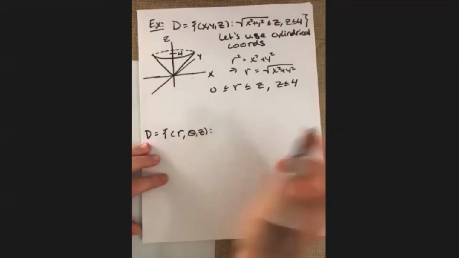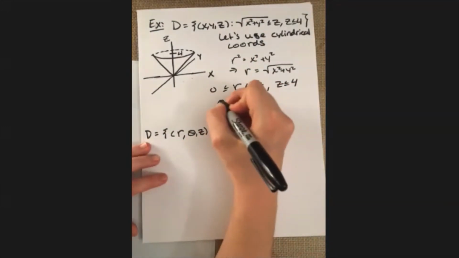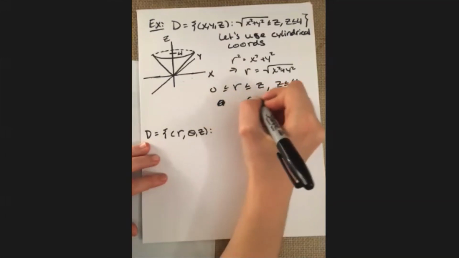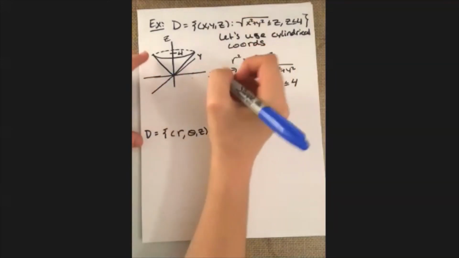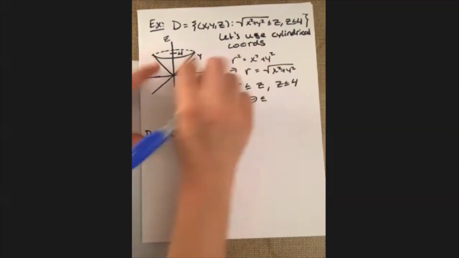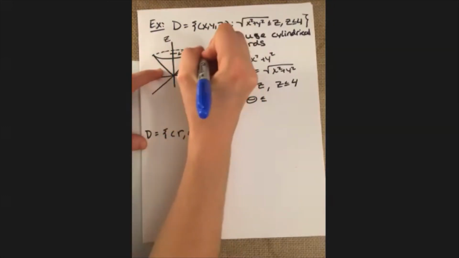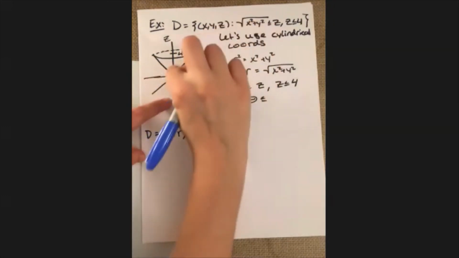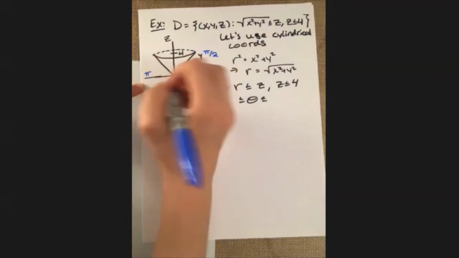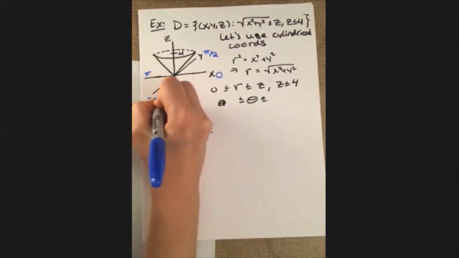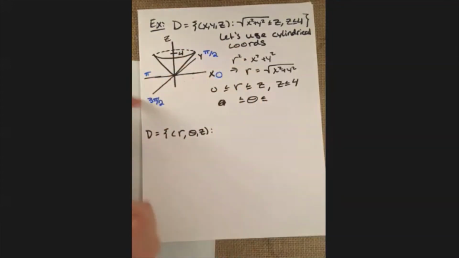So the really big thing here is figuring out what theta has to be. If we look at our graph with theta, again, we have the same idea that 0 is in the positive x direction, pi over 2 is in the positive y direction, pi is in the negative x direction, and 3 pi over 2 is in the negative y direction.